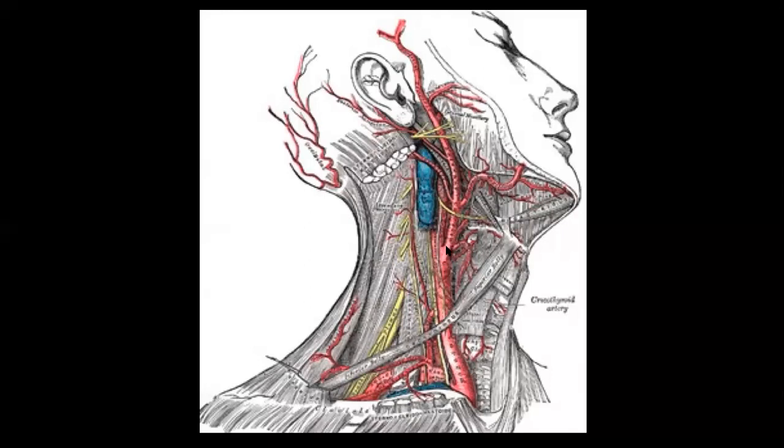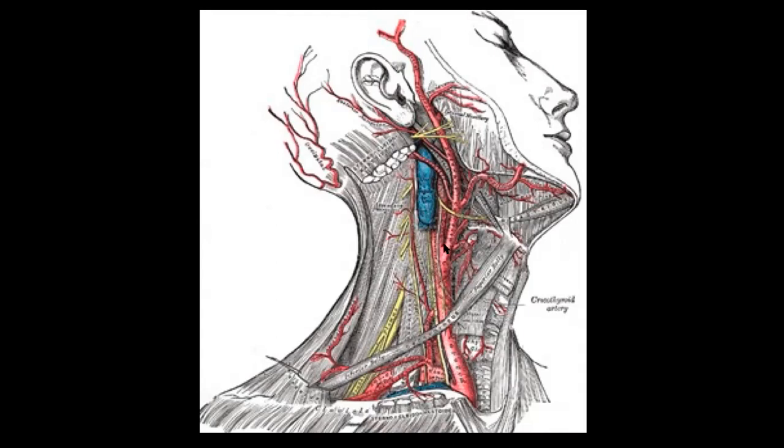It contains baroreceptors, specialized cells which can detect the changes in the blood. What changes will it detect? It will detect the change in the pressure in the blood, and these cells are also called chemoreceptors. Any chemical changes in the blood can also be detected by these cells.